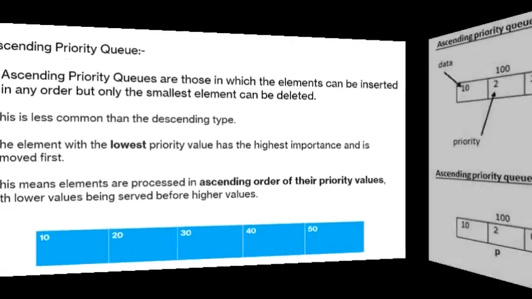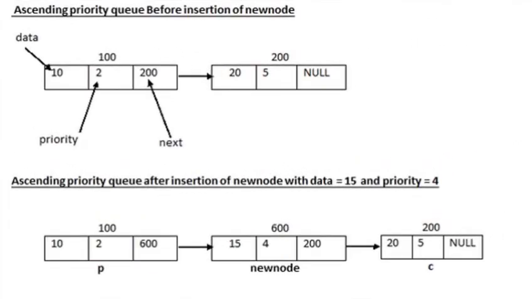This is how we represent the ascending priority queues. Before insertion of a new node, we have the data as 10 and 20. We have two separate data with the priority values assigned to each of them and the next node address. Next, we add a new node with data as 15 and priority as 4.